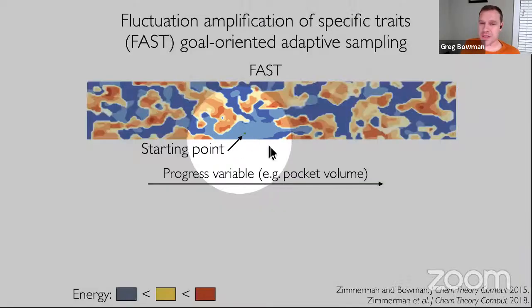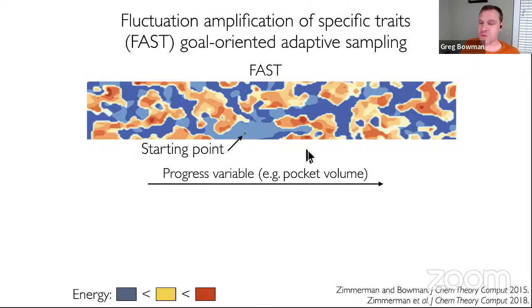Now we're going to build a Markov model of the small swath of conformational space that we've seen. And then we're going to rank each of the states in our model based on how useful running a new simulation would be from that state. And our rank is going to have two components, right? So the first is our exploitation term.